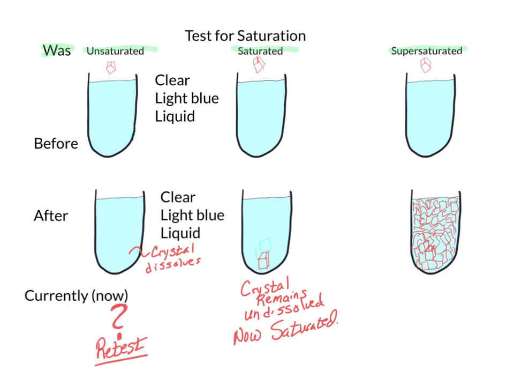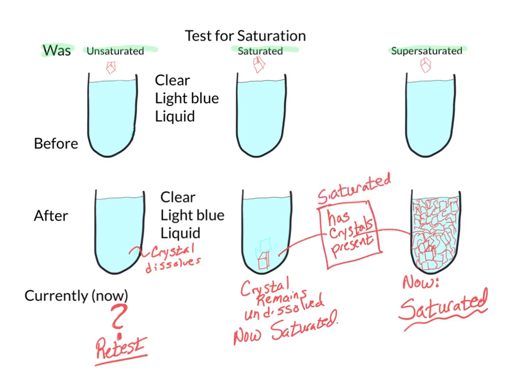And finally, we look at the supersaturated solution. After the crystals are added, the solution is now just saturated. It is not supersaturated. And how can we tell? Well, notice that there are crystals in the container. Just like the saturated solution, having crystals in the solution is one good sign that you have a saturated solution.